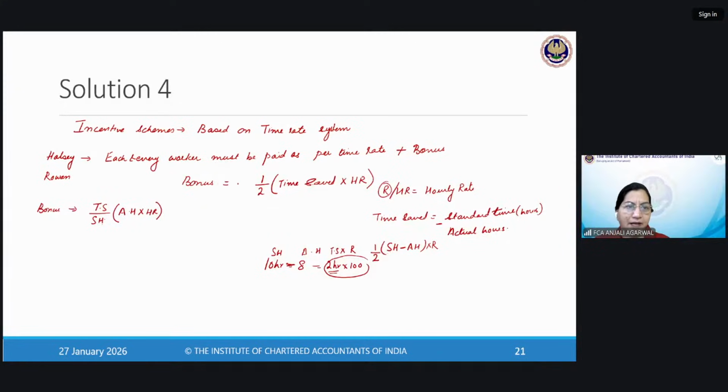So what Halsey is suggesting is just pay 50% of whatever time saved into hourly rate. But Rowan suggested a percentage which will vary depending upon what proportion of the standard time is saved. And then we multiply it by actual hours into hourly rate. So whatever his actual wages come out to be as per time rate, on that we will apply this proportion as bonus.